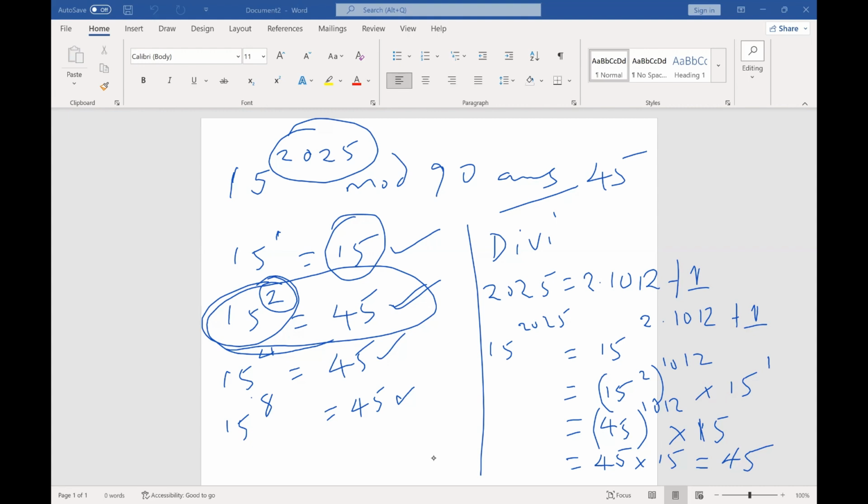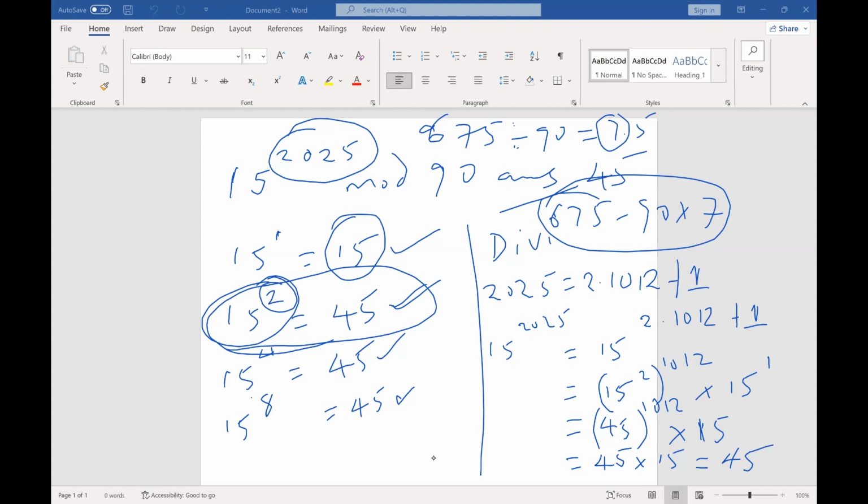If your calculator makes it easy, like for me, I have this 675, then divide by 90, I get the result to be 7.5. So for me to get the remainder, I just need 675 minus 90 times 7, because it went in there 7 times.